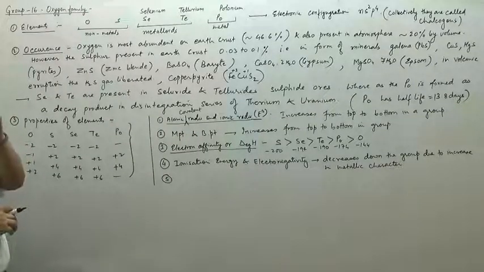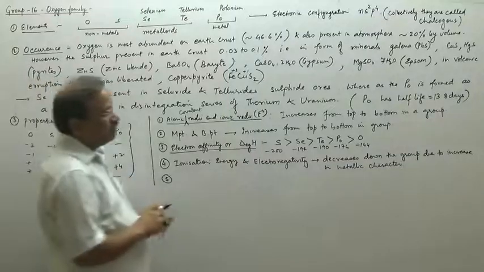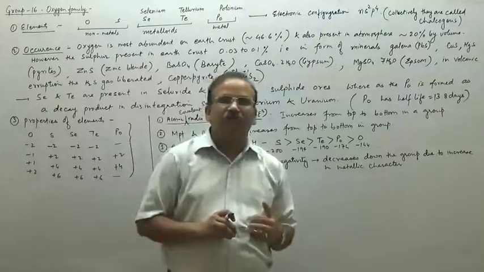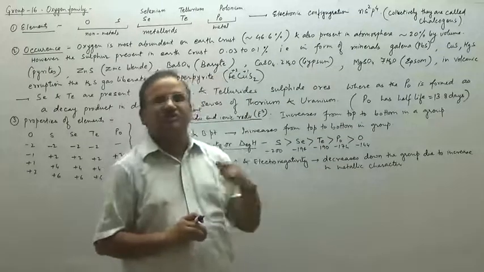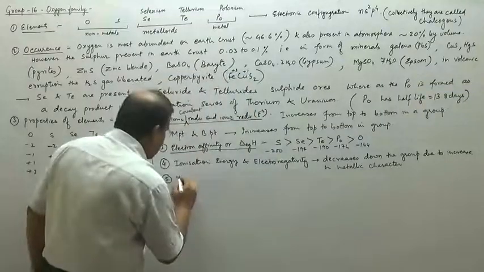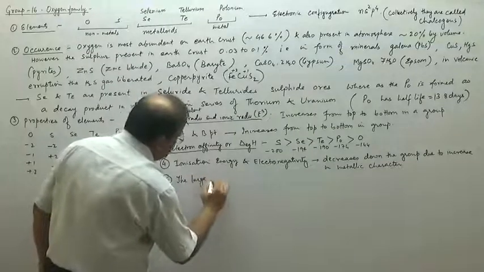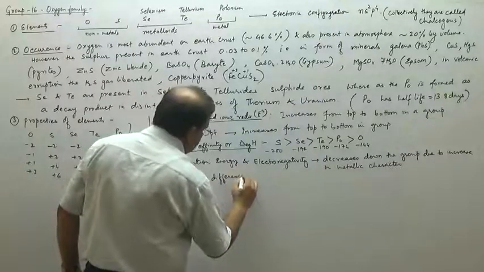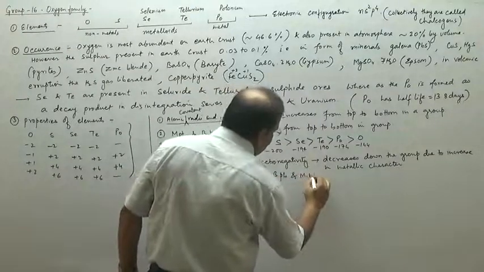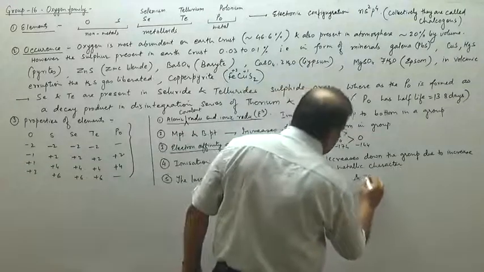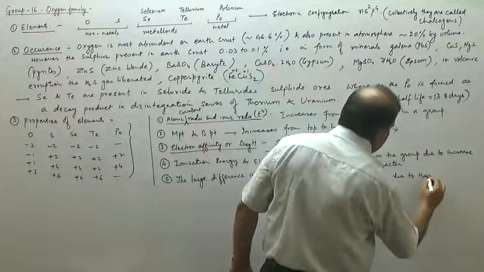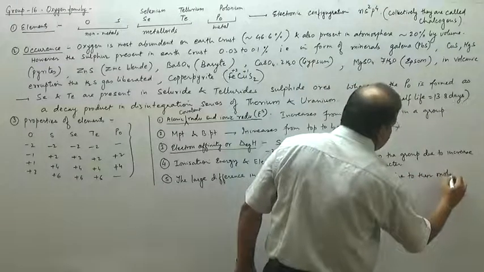So we can write that polonium is radioactive, we know that already. The large difference in the boiling point and melting point of sulfur and oxygen is because of their structure, that is their elemental existence. It is due to their molecular existence.